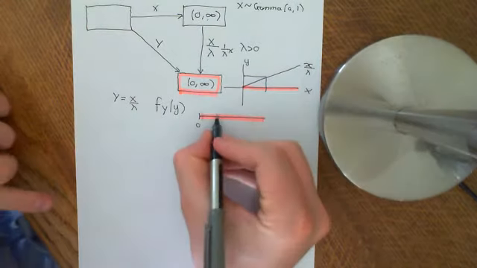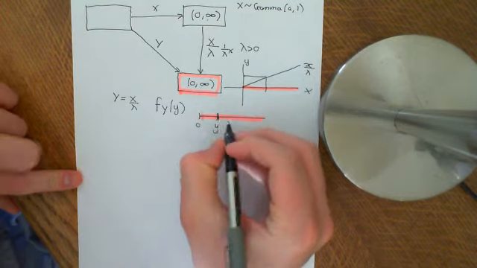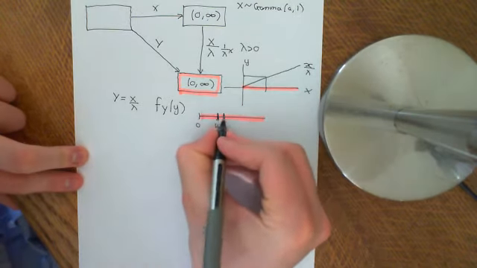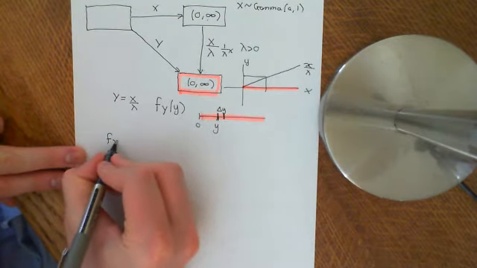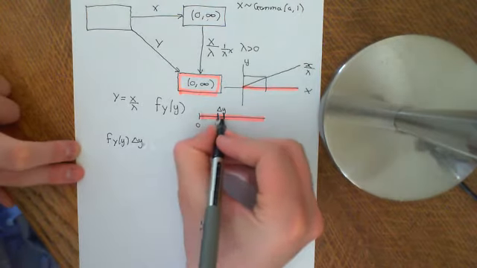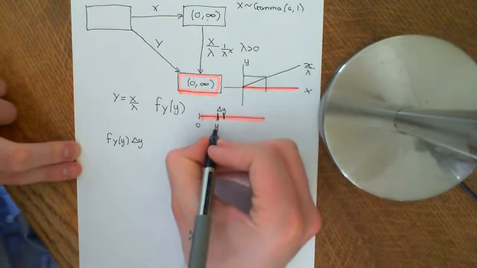We are now asking, what is the PDF going to be at some point, little y here? Well, by definition of the PDF, if we take some tiny little interval, delta y, then if I multiply this PDF evaluated at little y by delta y, that should be equal to the probability that it is within that interval, delta y, around that point y.